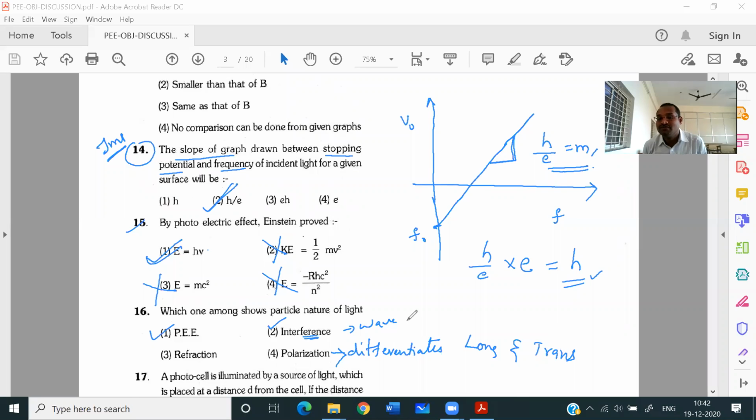Interference proves the wave nature of light. Photoelectric effect shows particle nature. Refraction shows wave nature only. So option 1 is the right answer here for question number 16.